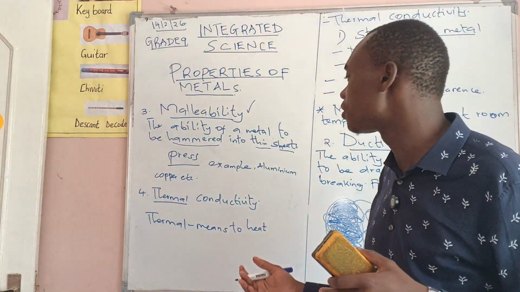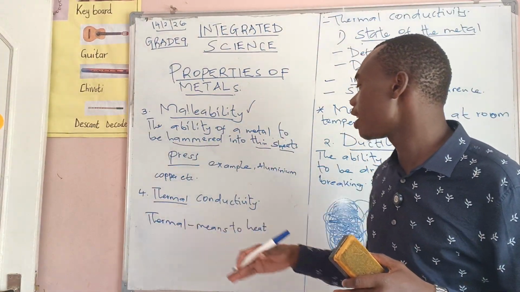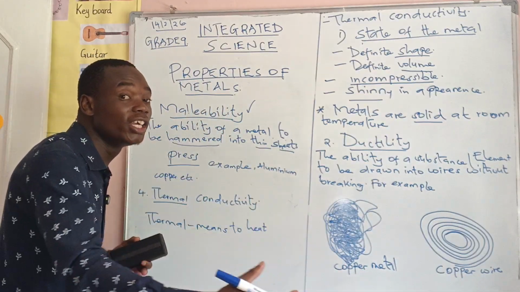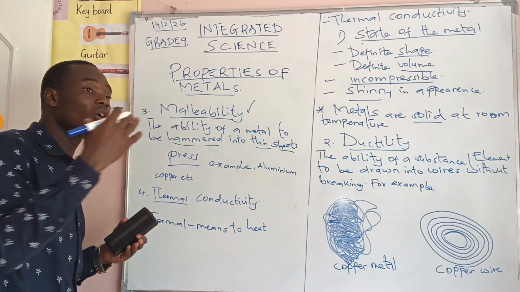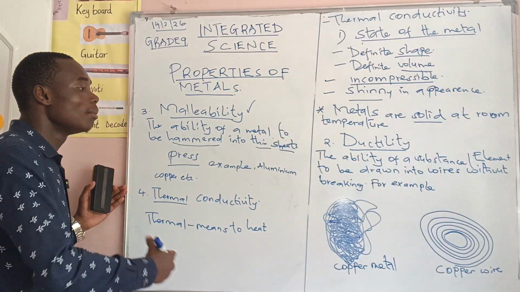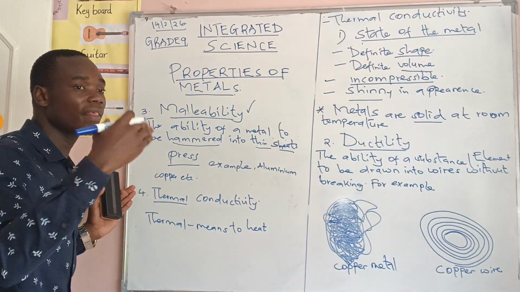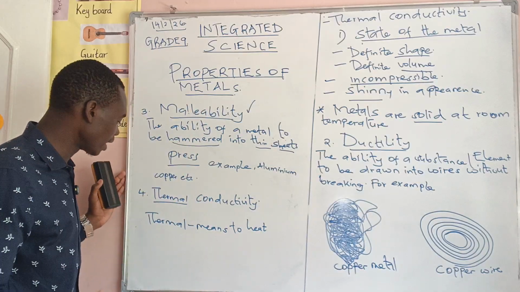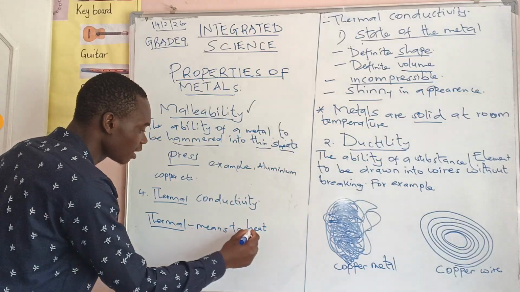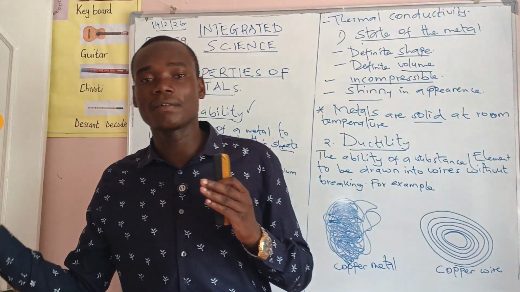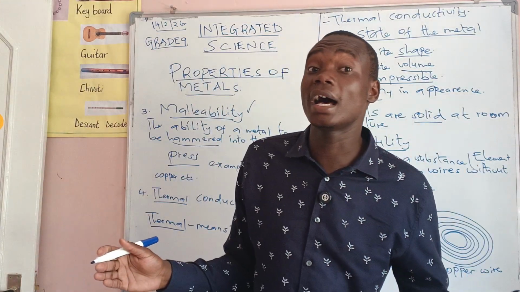Whenever you provide heat, that is thermal. Conductivity is the ability of that particular metal to allow heat to pass through it. It is able to move heat from one point to another, allow heat to flow through it easily. So when I heat a metal, heat can flow from one end to another end.